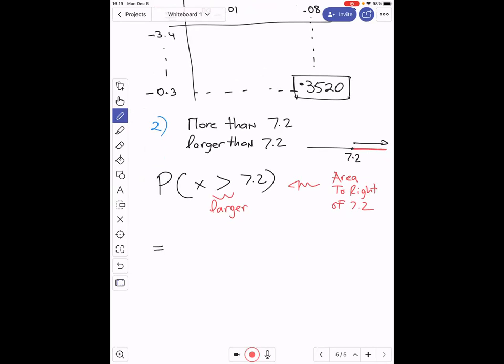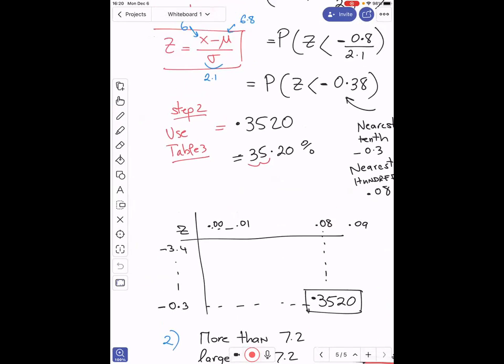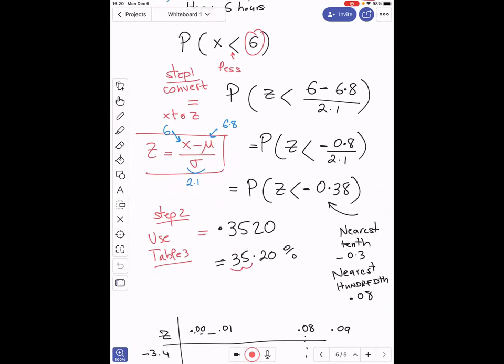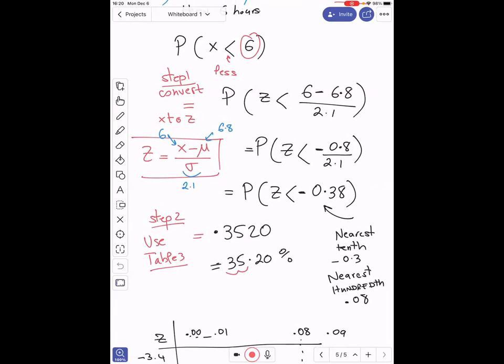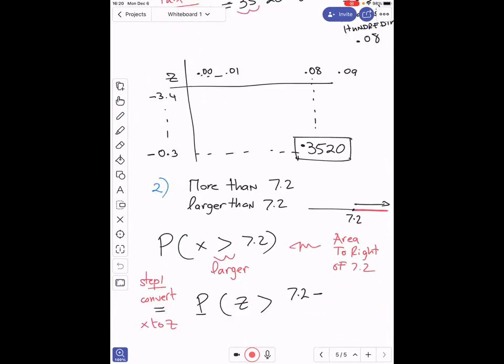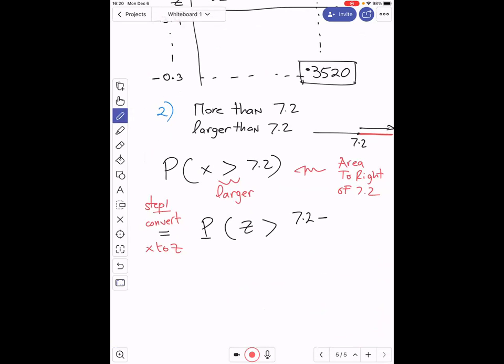As usual, step 1, convert x to z. So this is the probability that z is larger than 7.2 minus mu, the mean, which is 6.8, over the standard deviation, which is 2.1. The 7.2 minus 6.8 is 0.4 over 2.1.